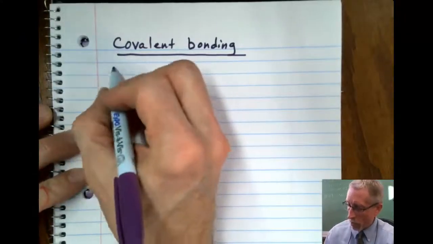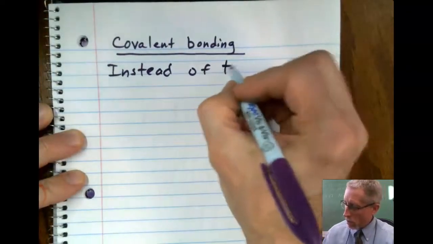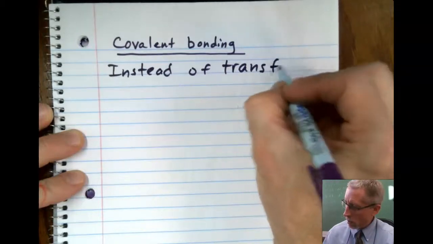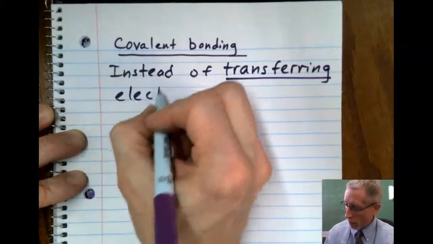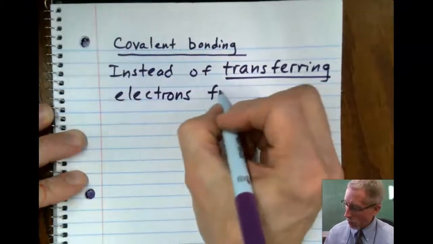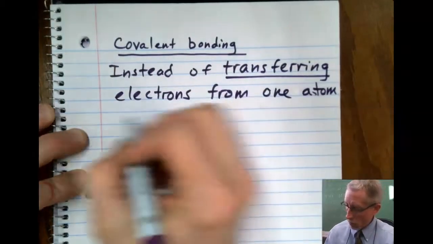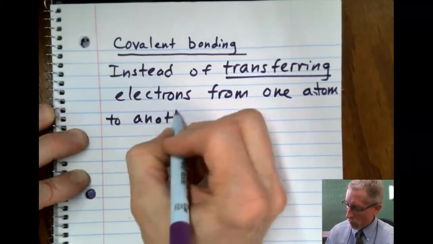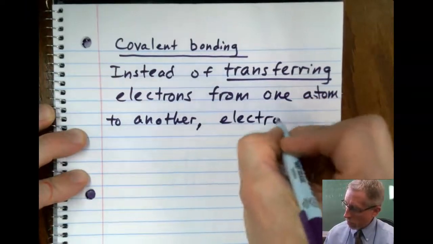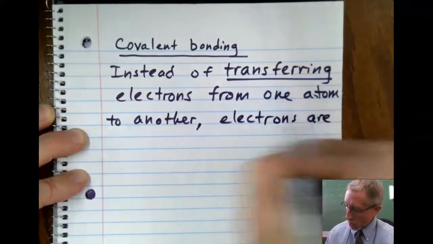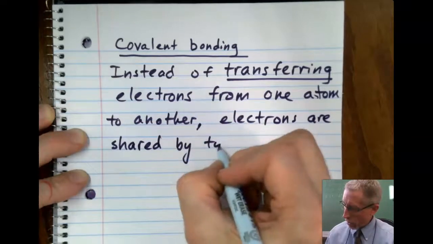So in covalent bonding, instead of transferring, remember ionic was transferring electrons from one atom to another, so in covalent, the electrons are shared by 2 atoms.